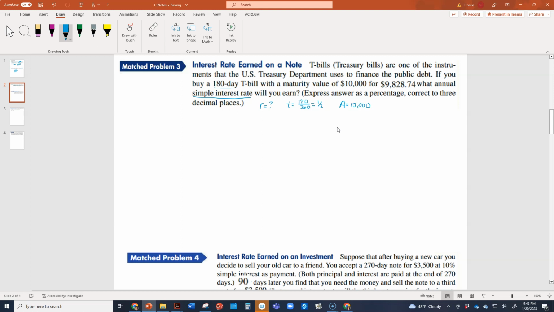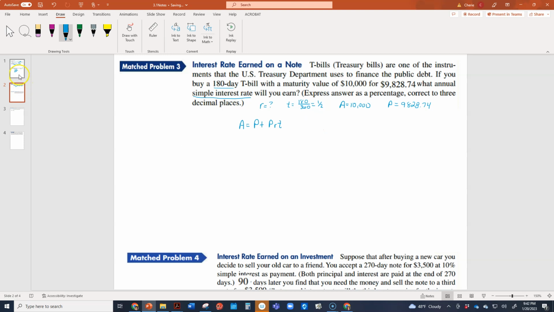And then $9,828.74 is what my principal is. It's my initial value. Now, again, simply because it's easier to solve for R with this problem, I'm going to use this one.